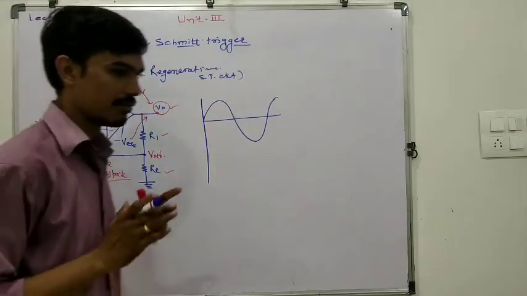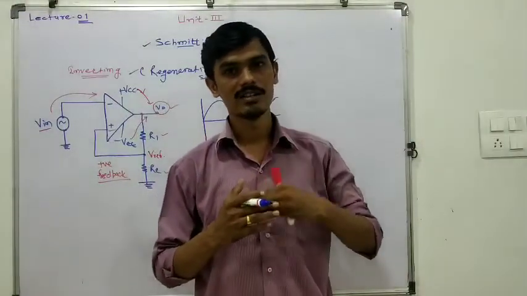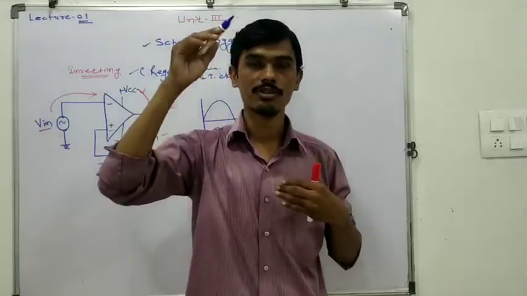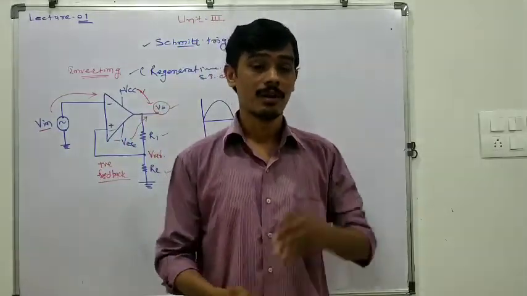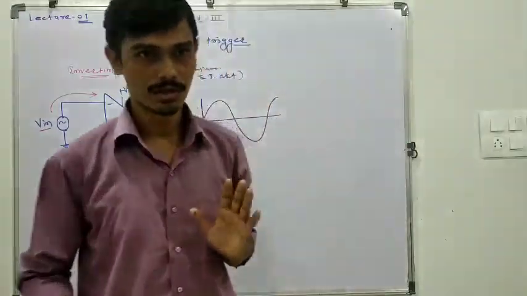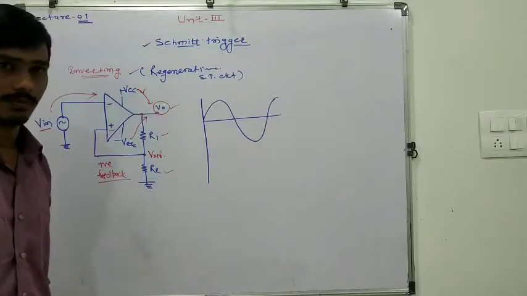We know that inverting means whatever input we apply, the input and output have a phase difference of 180. That is, when we provide a positive half cycle, we get a negative half cycle at the output end. It means it has a phase difference of 180 degrees. Is it clear? That one point must be clear with you.